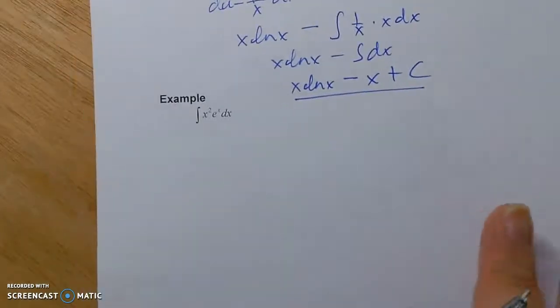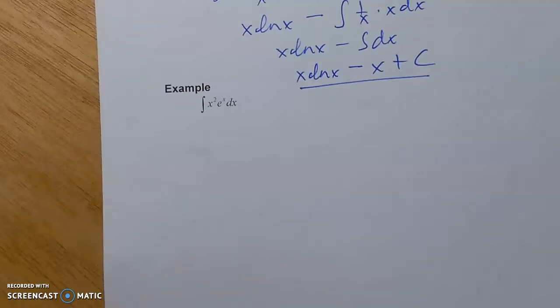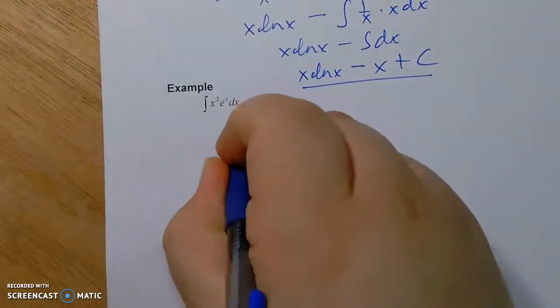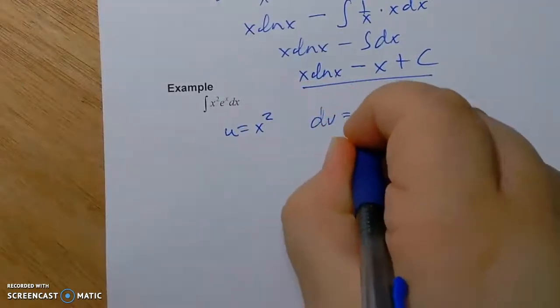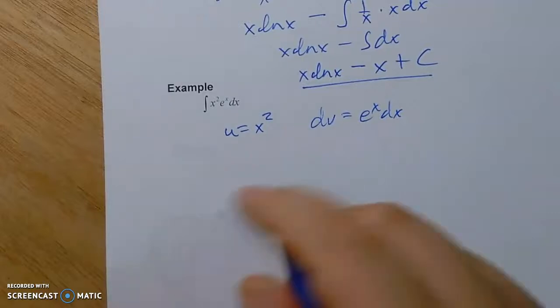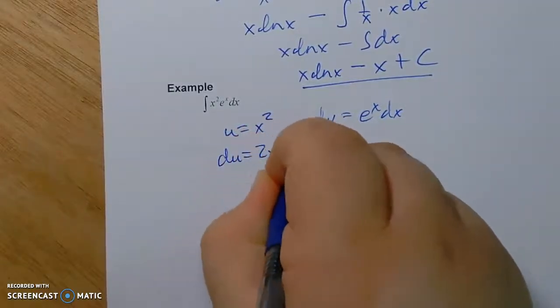Let's look at this next example. Like I said, the more examples we see, the more we'll feel comfortable picking our u's and our dv's. So we'll start. We're going to say that u is x squared, dv is e to the x dx, because those are both things that we can do. The derivative here is du equals 2x dx.